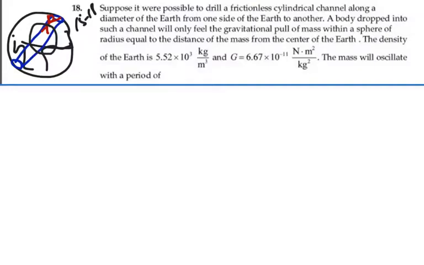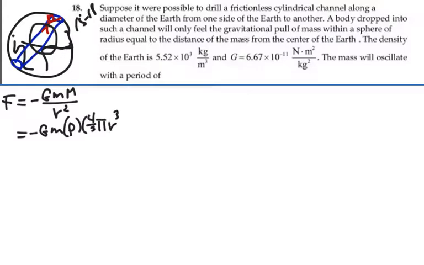So let's imagine what this force of gravity will be. By Newton's law of gravity, the force would be equal to negative G, your mass, times the mass of the Earth, over r squared, your distance from the center of the Earth. But we're going to write the mass of the Earth as the density of the Earth, which is mass per volume, times the volume, which is 4/3 pi r cubed.